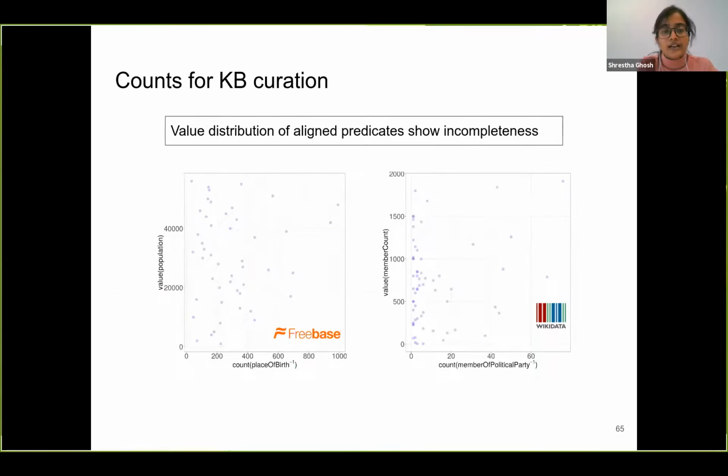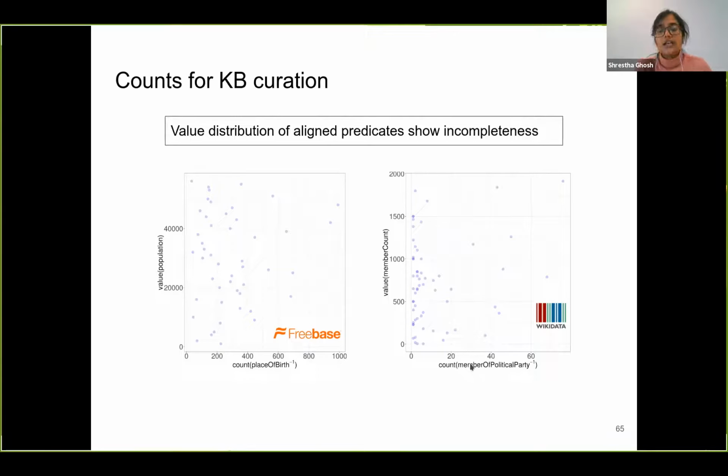You can also look at the value distribution of the aligned predicates to check for incompleteness. So for example, here in Wikidata, member count and member of political party are aligned predicates.